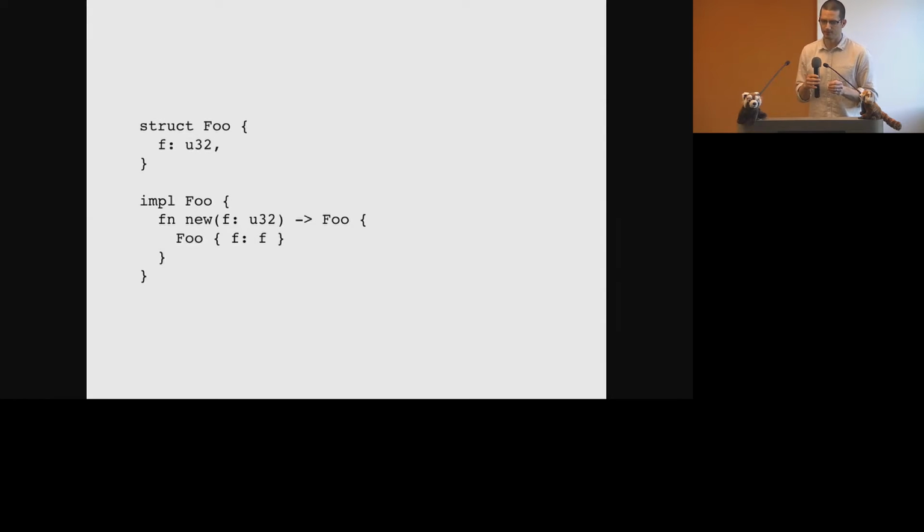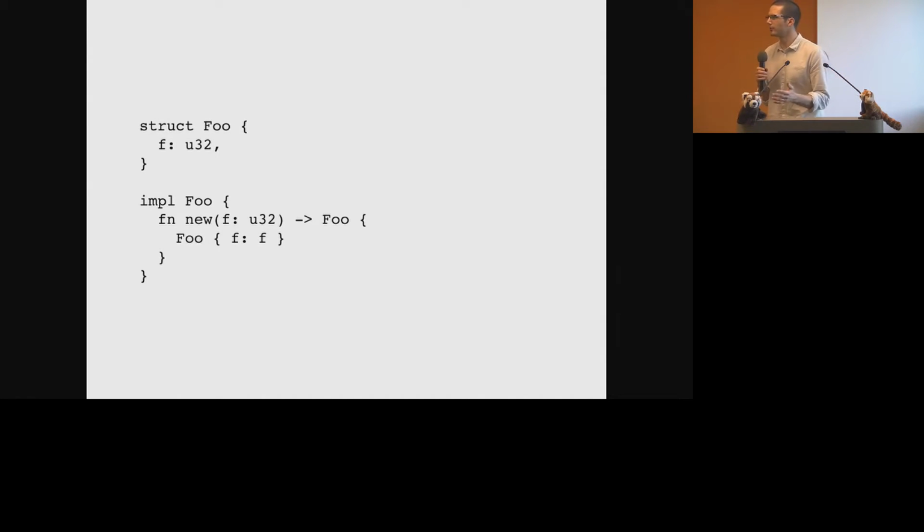So I'm going to start with something really simple, which is the constructor idiom, which is very basic. You want to construct some data. Here we've got a struct Foo, and you want to create a new one. Of course, you've got the struct literal syntax, but it's a little bit boilerplatey, so you can make it simpler by using a constructor function. We have this convention that you call that new, and you make it an associated function or static method on the data type Foo. You can imagine how you would call this.